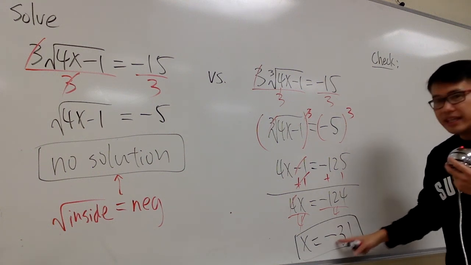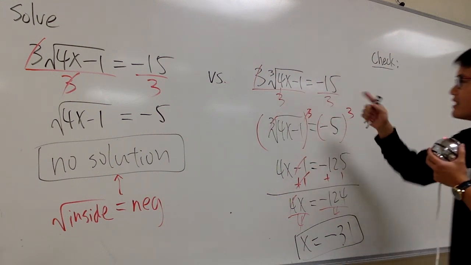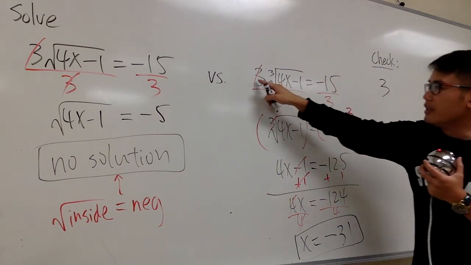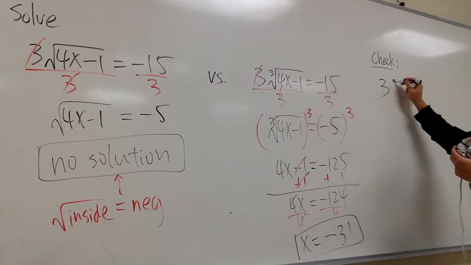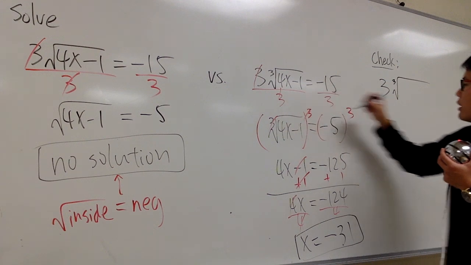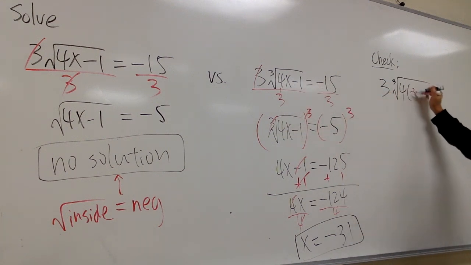Let me plug in negative 31 into the original x right here in the original question. So we still have the 3 in the front, the original, okay? And then we have the cube root, and then we have the 4, and then the x we know is negative 31, and then we minus 1.